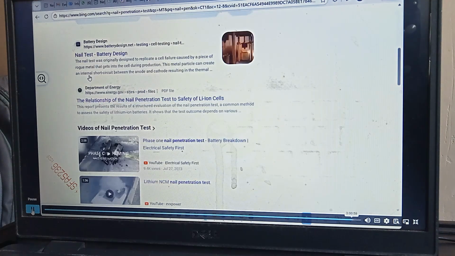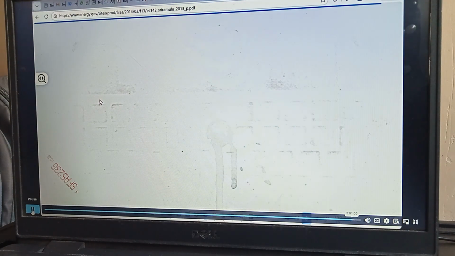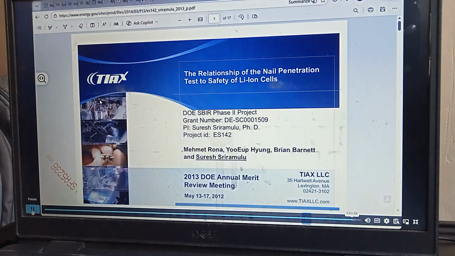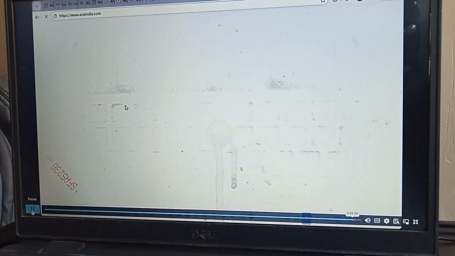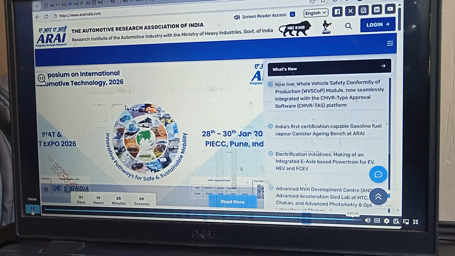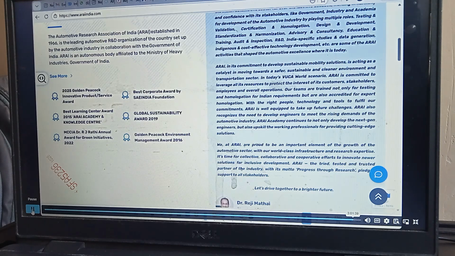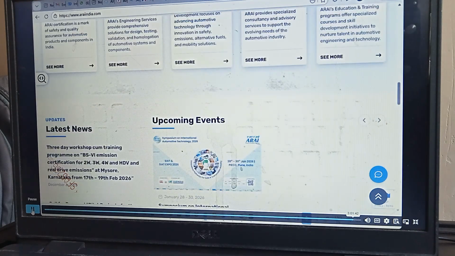You can study about the nail test and battery design nail test from the Department of Energy, and you can also look at the ARAI website, Automotive Research Association of India. Normally the standards are not open. We have to buy the standards. Even for motor and for battery there are different standards. We need to buy them.